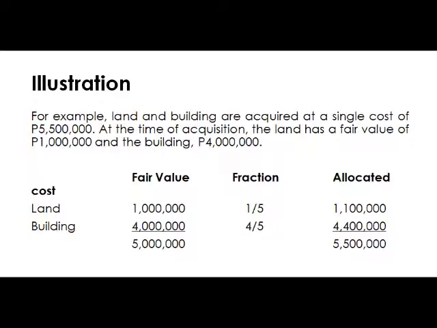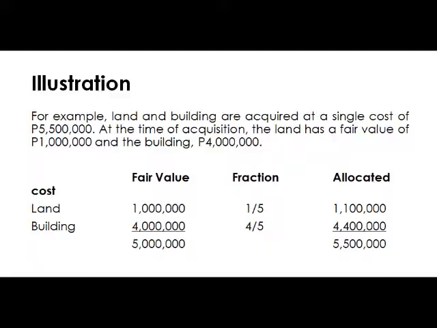For example, land and building are acquired at a single cost of 5,500,000 pesos. At the time of acquisition, the land has a fair value of 1 million and the building 4 million. Accordingly, the single cost of 5,500,000 will be allocated to both land and building on the basis of relative fair value.